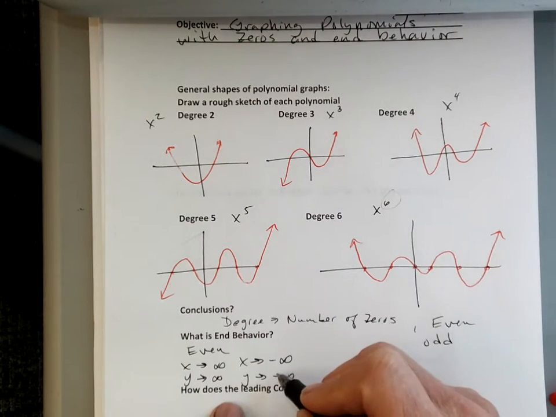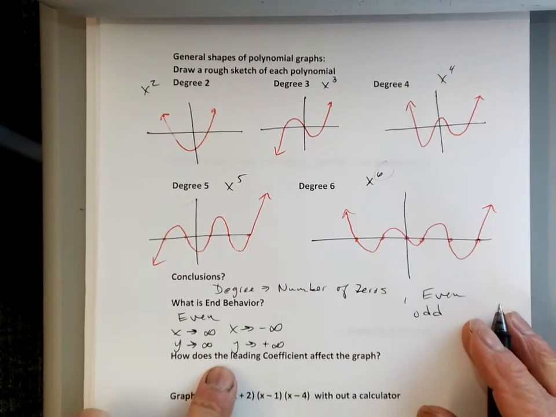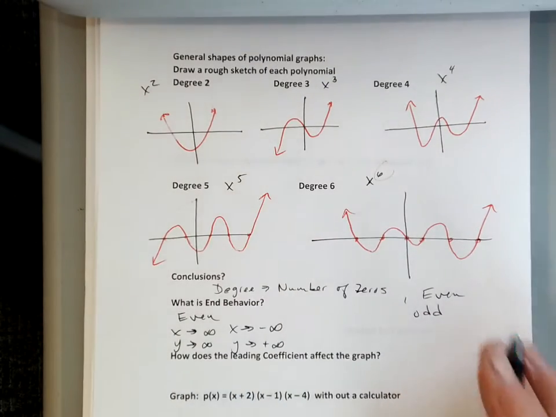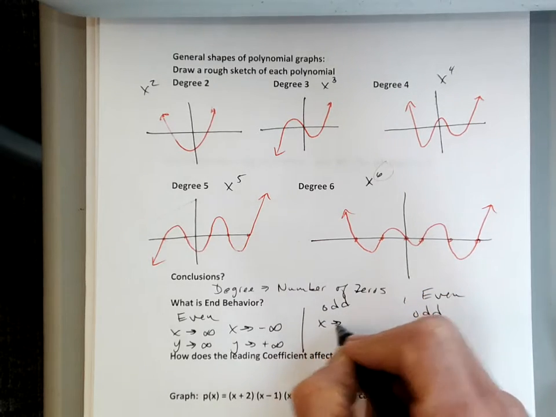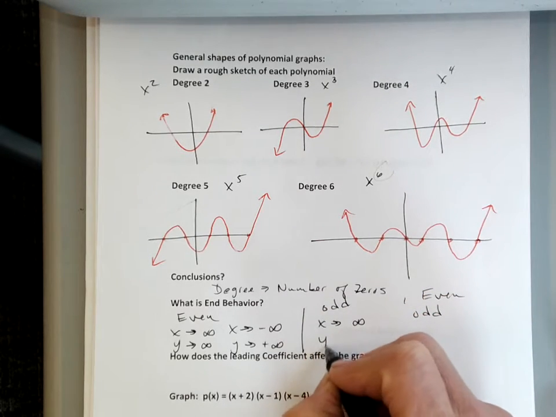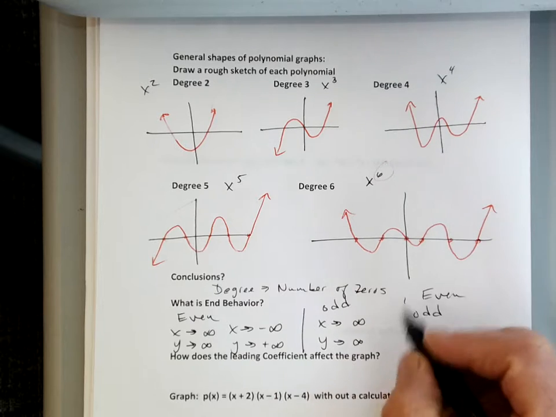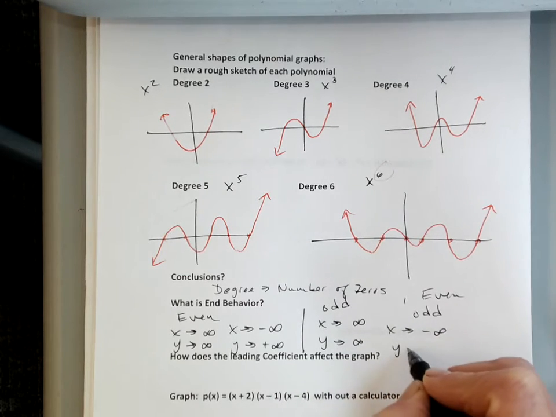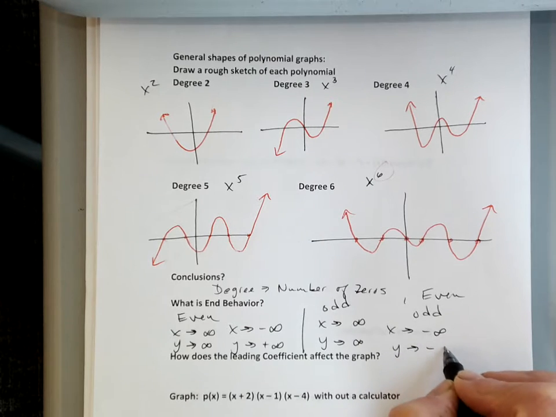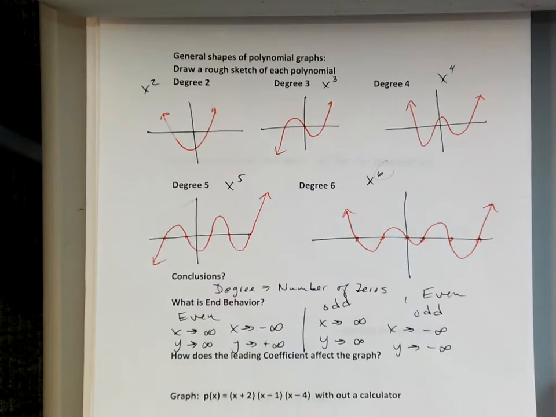Oh, positive infinity. My bad. I did that wrong. Positive infinity. And it is possible the other, okay? But on the odd, as x approaches infinity, y would approach infinity. But as x approaches negative infinity, y would approach negative infinity, okay? Just like Spencer said on the odds, okay?